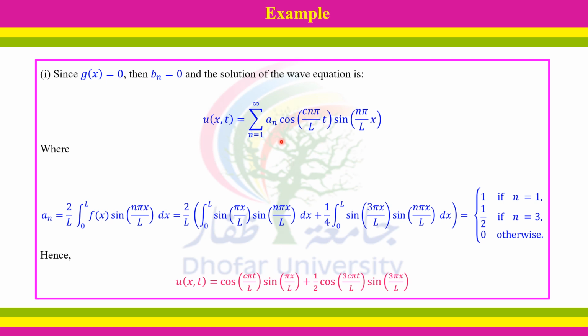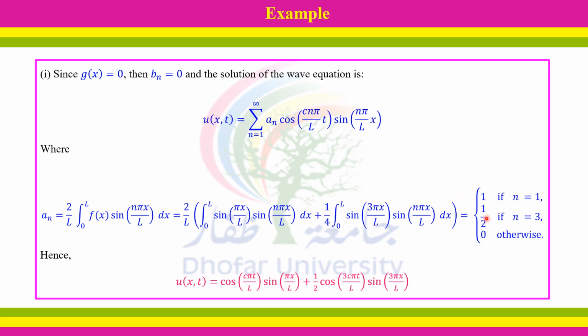So if we substitute n equal 1 in this term here, a_1 is just 1, cosine c pi over l t sine pi x over l, which is the first term written here.